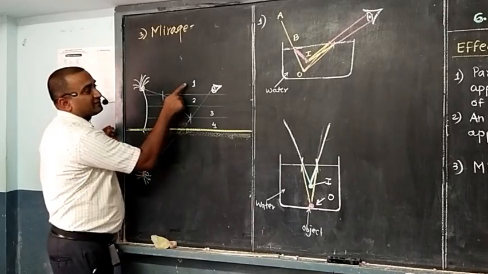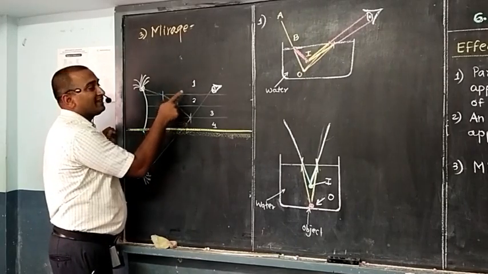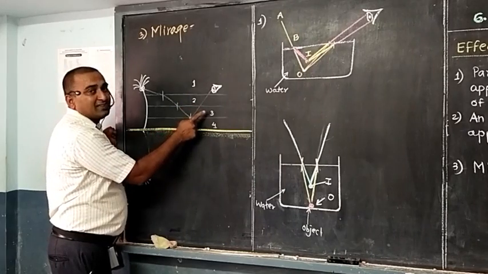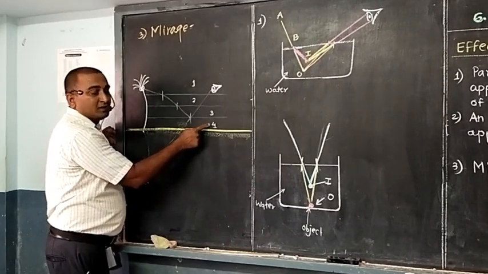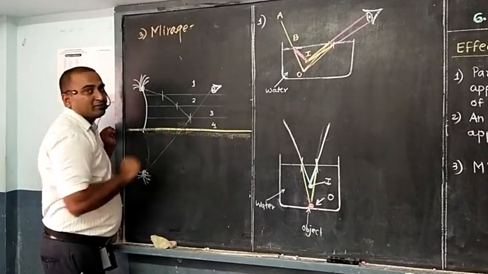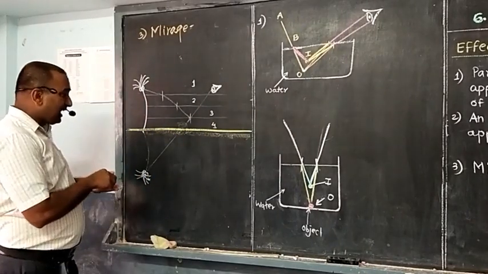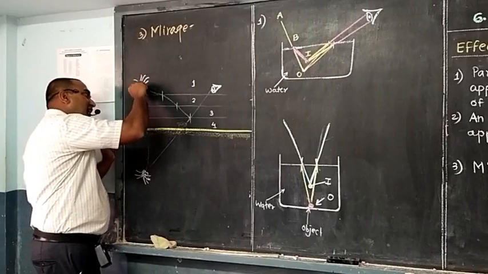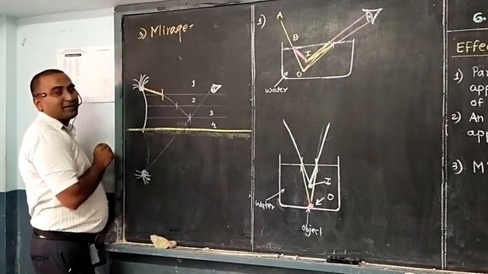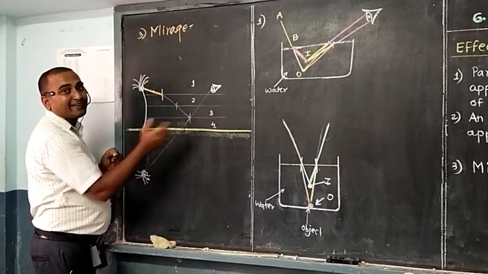So the density of the first layer is a little higher than the second, the second is higher than the third, and the third is higher than the fourth. The rarer medium is the fourth medium, or the downward medium. The rays which are incident rays coming out from the tree, here there is a change in medium because the second medium is a little rarer.